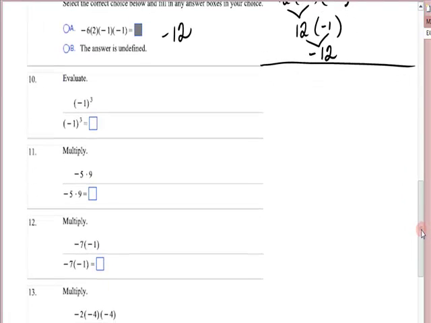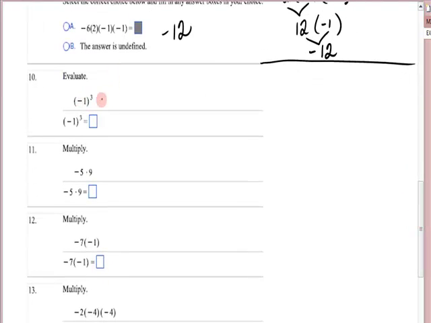Now, problem number 10, you could write it out. That means negative 1 times negative 1 times negative 1. 1 times 1 is 1 times 1 is 1. You're only going to get the number 1. Let's talk about the sign. Well, there's 1, 2, 3 negatives. This tells you how many negatives, and it's an odd number. So when there's an odd number of negatives, the product is negative.